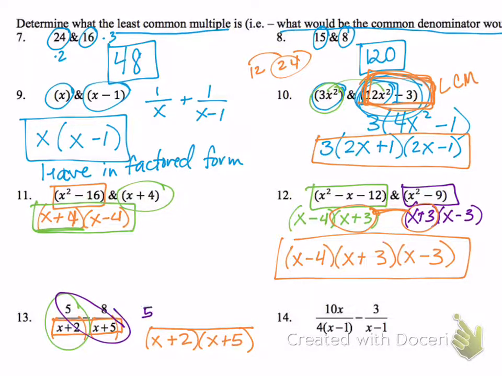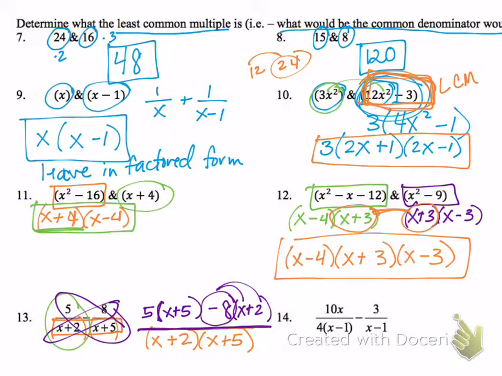So on the top, I'm left with 5 times x plus 5, minus 8 times x plus 2. Yeah, so minus 8 right here. But why would you put the x plus 2 and x plus 5? Oh, this is the denominator right here. We're not supposed to distribute.